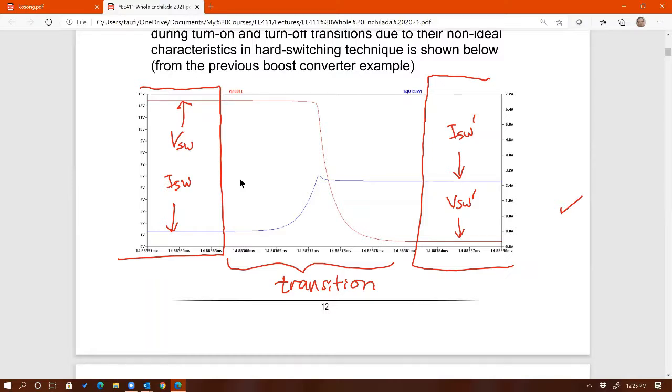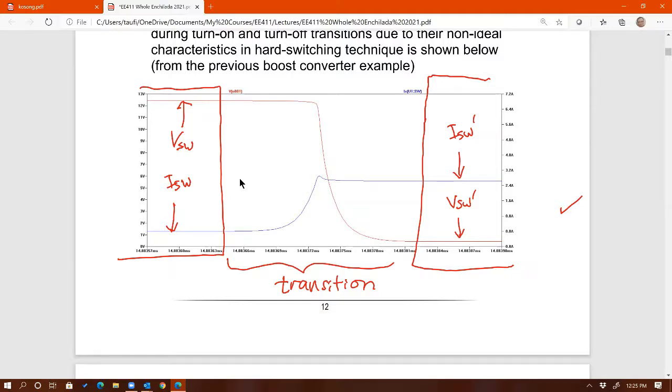So again, our focus is on the transition, the segment of time to go from one static condition to the next one. And during this transition, you can clearly see there is an overlap between voltage and current. You agree with that statement? Yes? So if you agree, that means we have a problem.